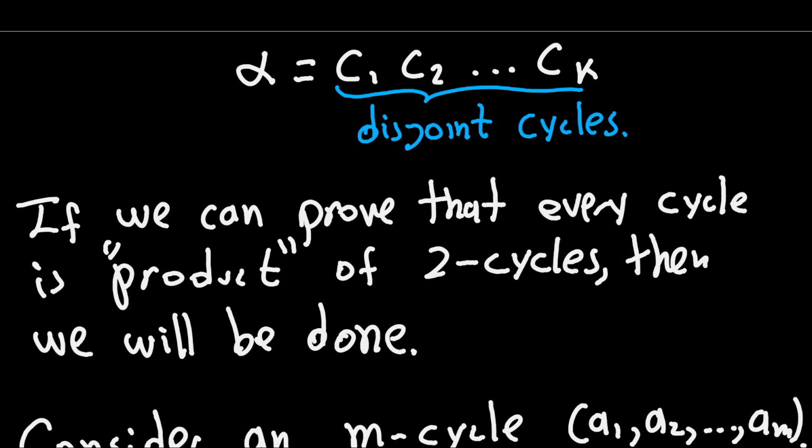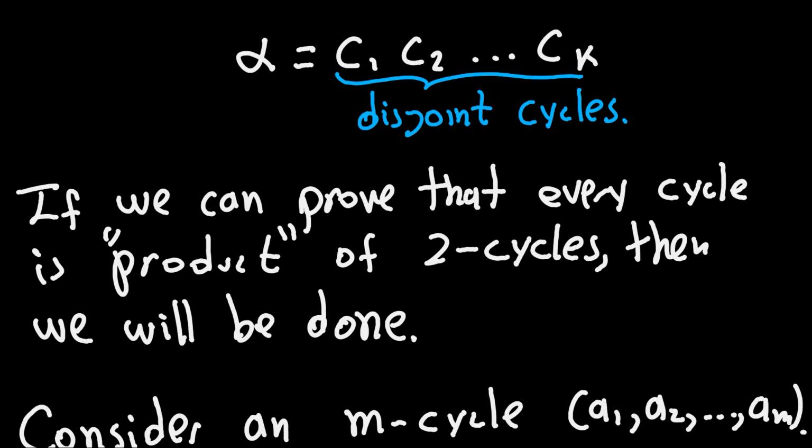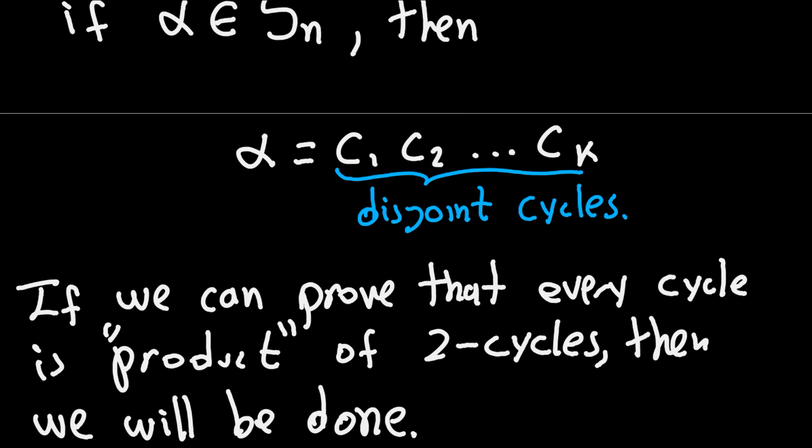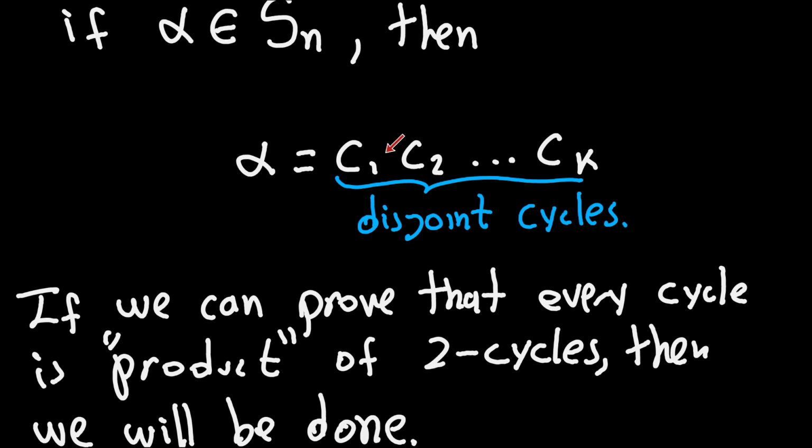And this is the main idea here. If we can prove that every cycle is a product or composition of two cycles, then we will be done. Why? Because imagine if we do this. This is a cycle, let's say, of length 4.